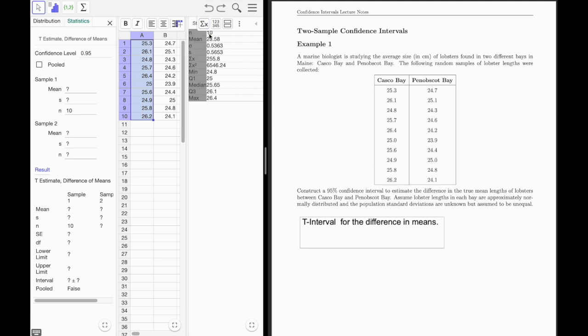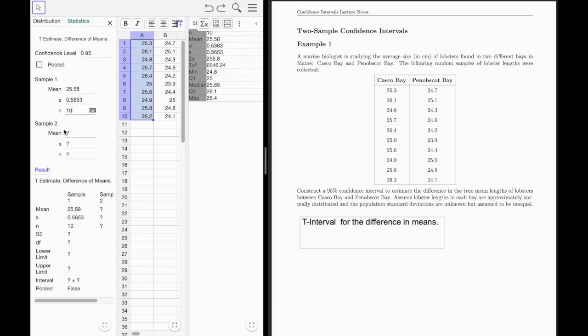And we've got that the sample size is 10 for the first sample. We've got a mean of 25.58. I'm going to put that in here. My sample standard deviation S is 0.5653. And we already have our sample size in there.